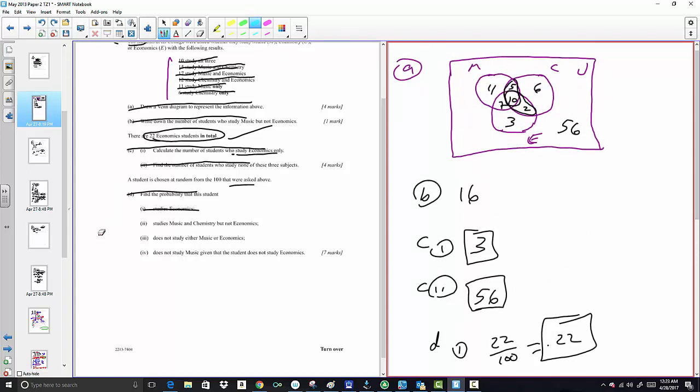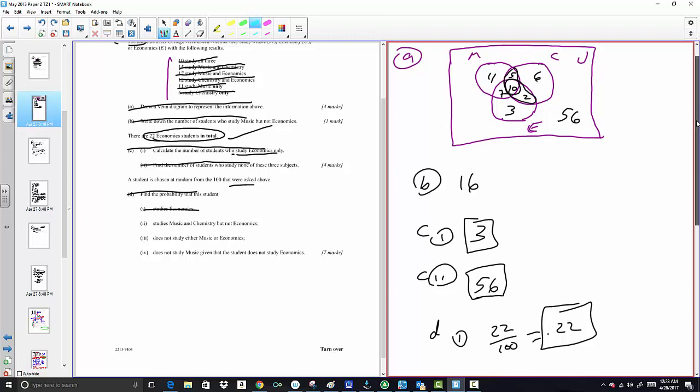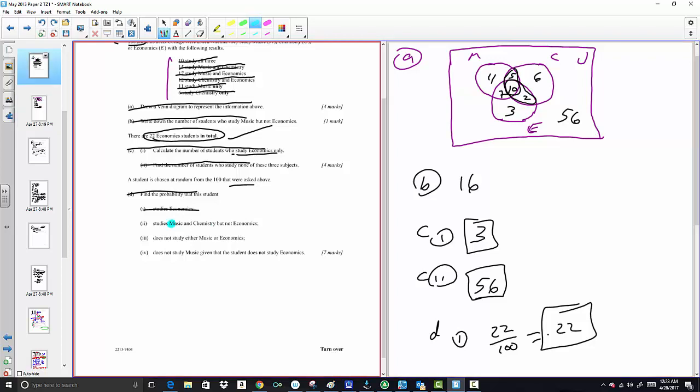Okay. Next question here is the study music and chemistry, but not economics. All right. You have to be really careful with this. It doesn't say music or chemistry. It means it has music and chemistry. So they study music and chemistry at the same time. So that's this intersection that we're looking at here, between music and chemistry. But of this intersection, how many people do not study economics?